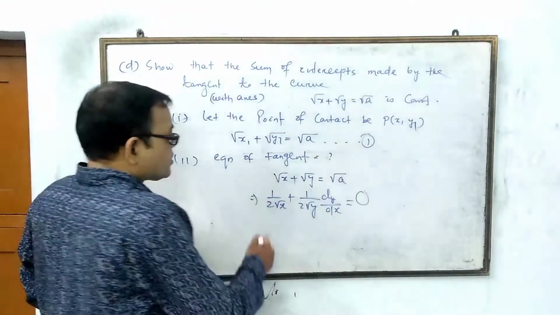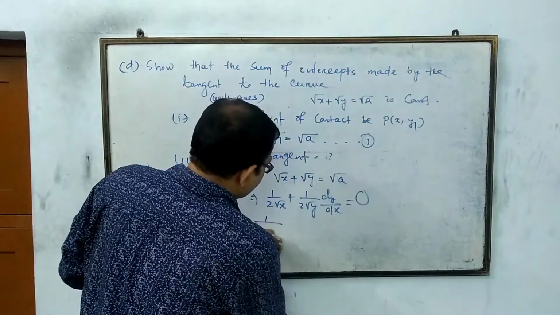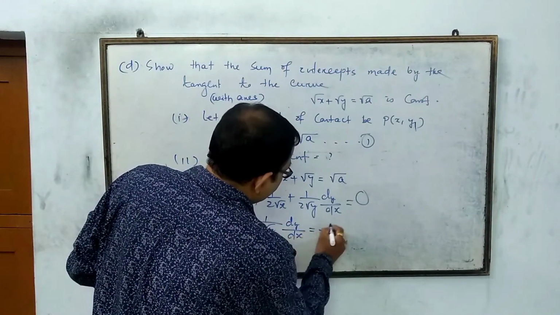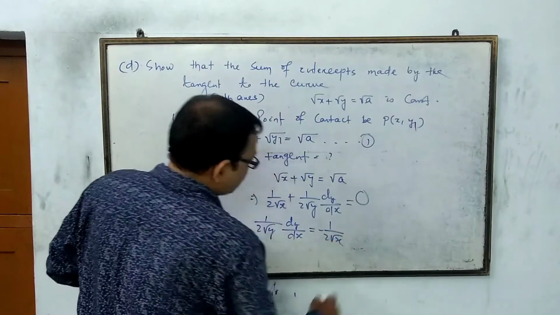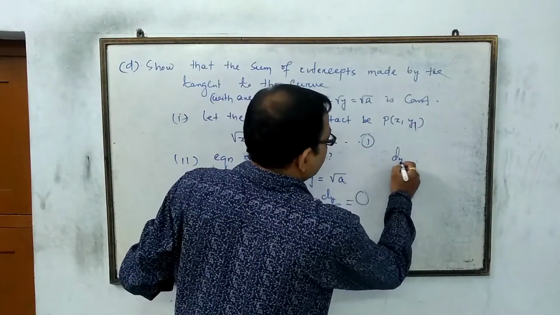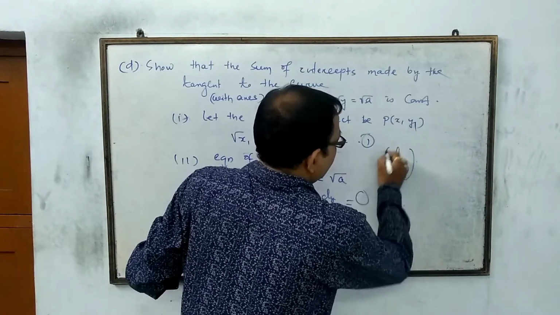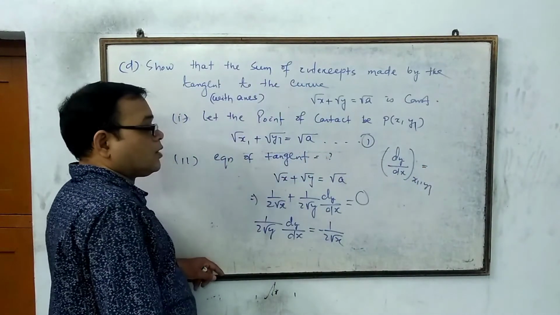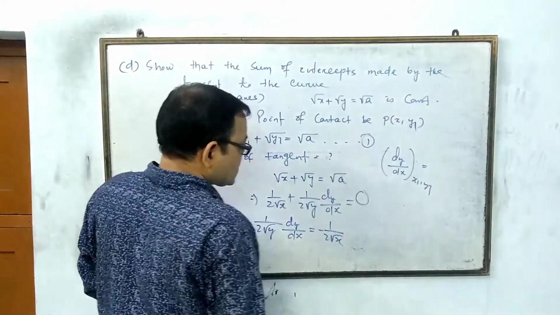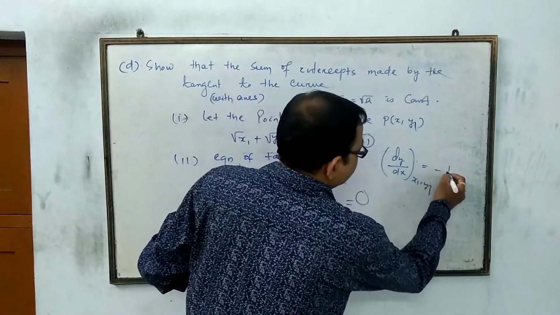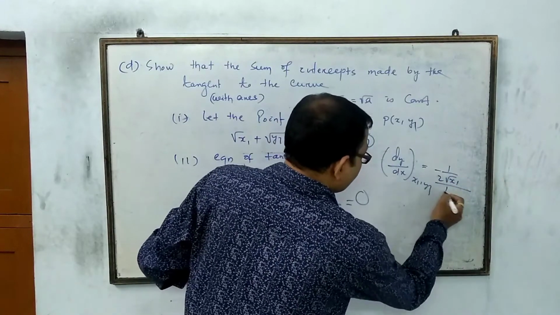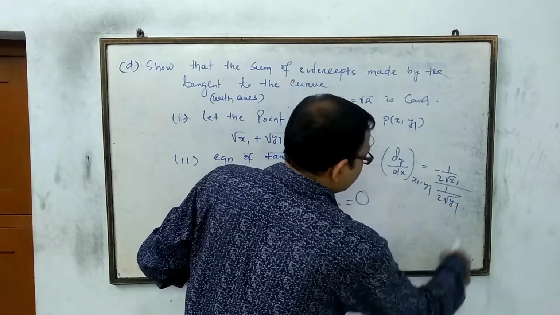So 1 by 2 root y into dy by dx is equal to minus 1 by 2 root x. Therefore dy by dx at (x1, y1), which is the slope of the curve, is minus 1 by 2 root x1 by 1 by 2 root y1.